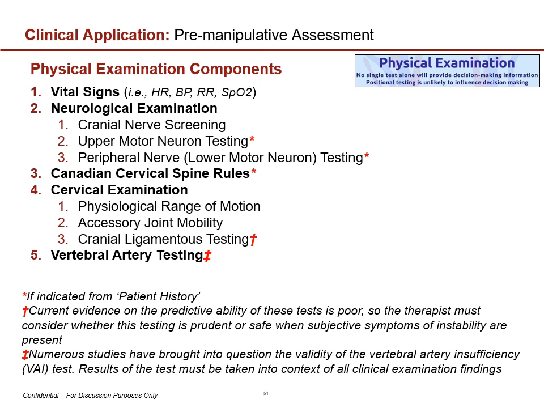Within the actual lab section, we will go through the cranial nerve screening as well as the accessory joint mobility. Physiological range of motion was otherwise captured with the cervical spine examination as part of the curriculum for the residency.